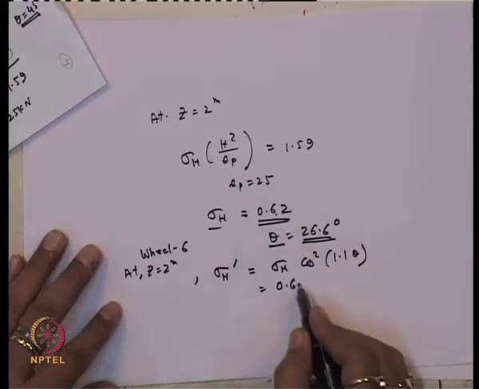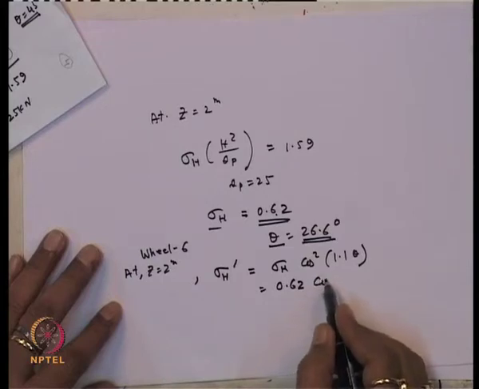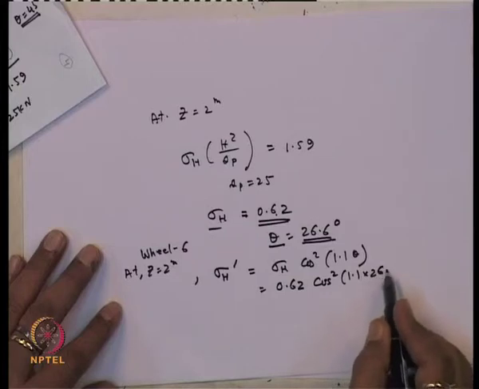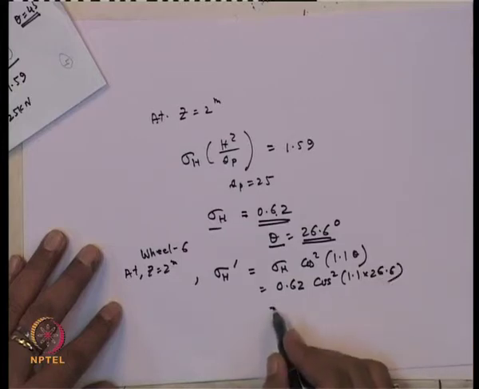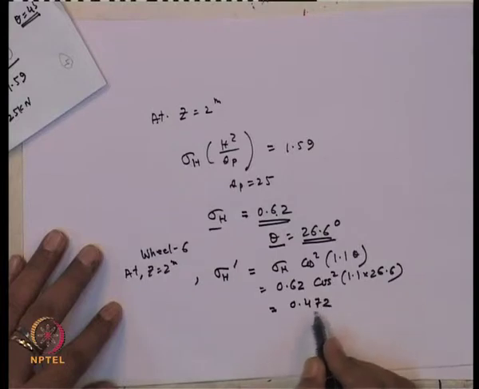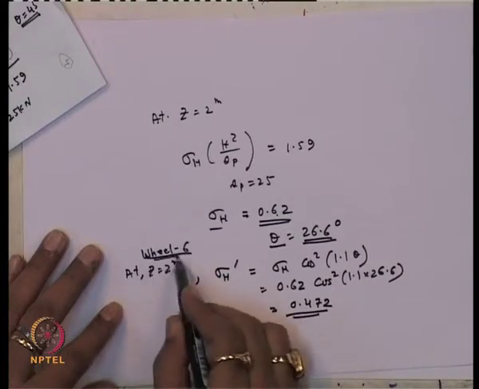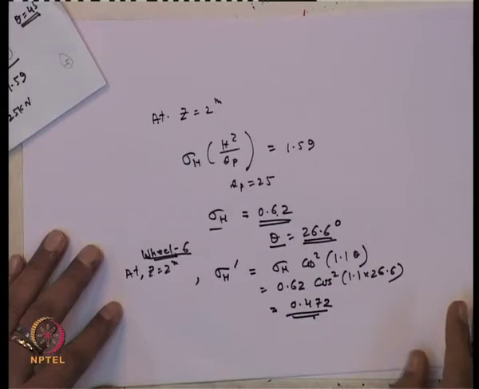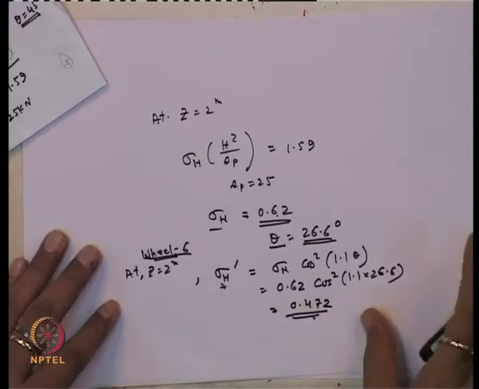So this is sigma h 0.62 into cos square 1.1 times theta 26.6. You can calculate sigma h dash at a depth of 2 meter, and this will give 0.472, the stress for wheel 6. So this is 0.467 kilopascal, sigma h dash.